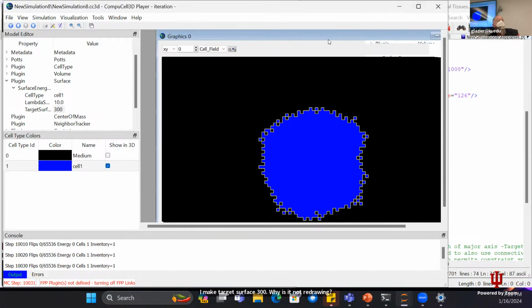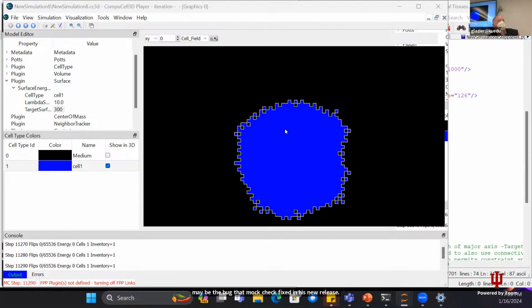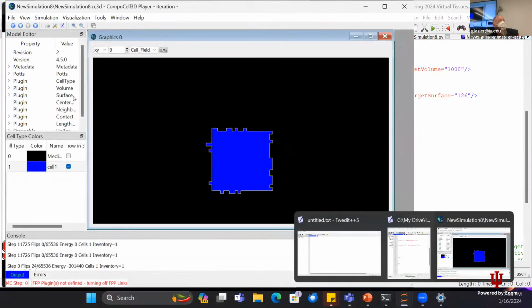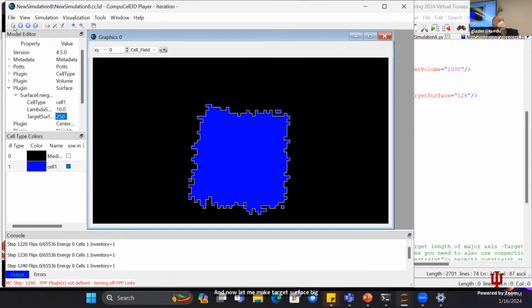This may be the bug that Maciek fixed in his new release. Okay, this is with target surface being small, and I get frozen. And now let me make target surface big. And it's not redrawing properly.